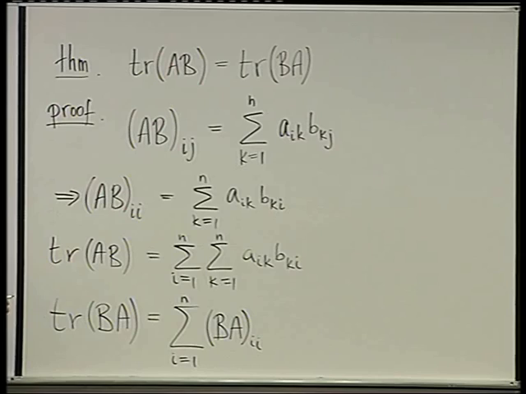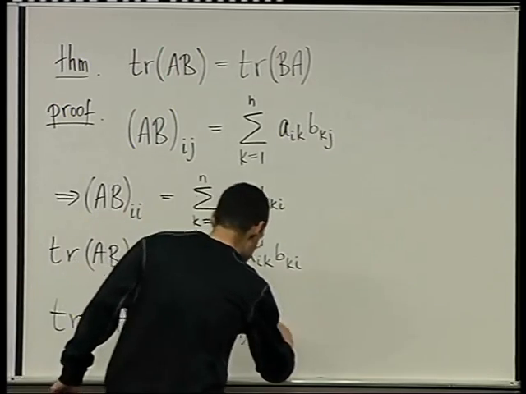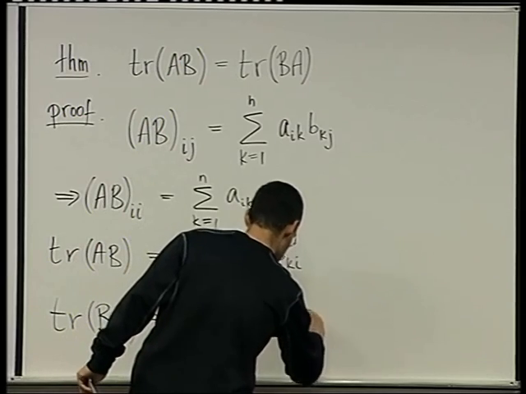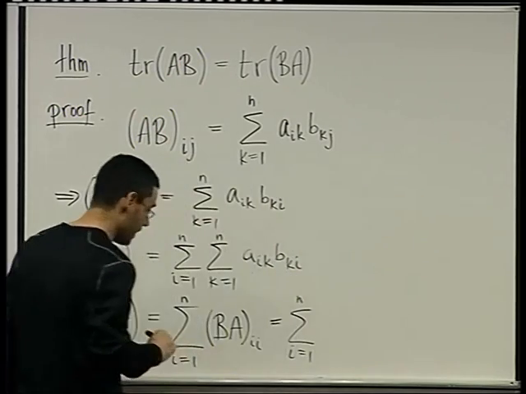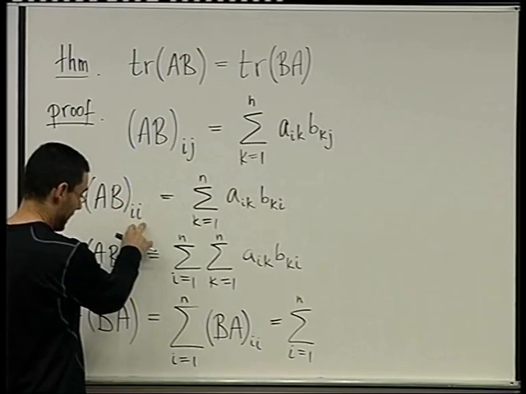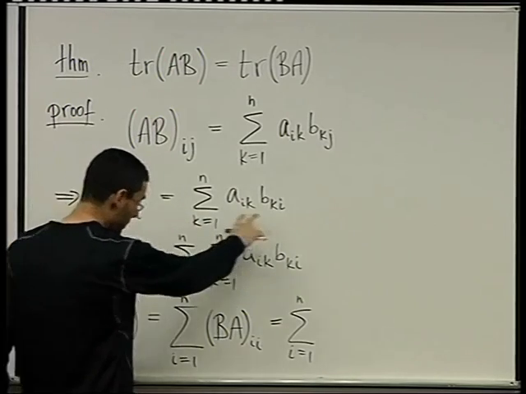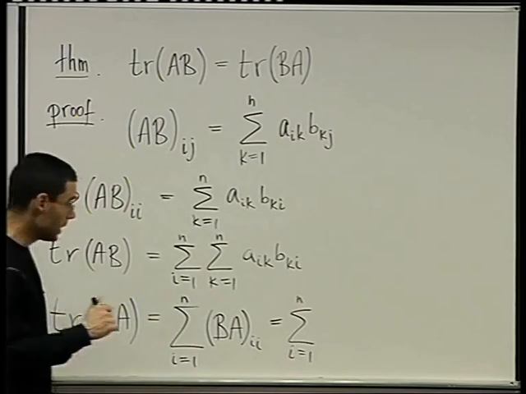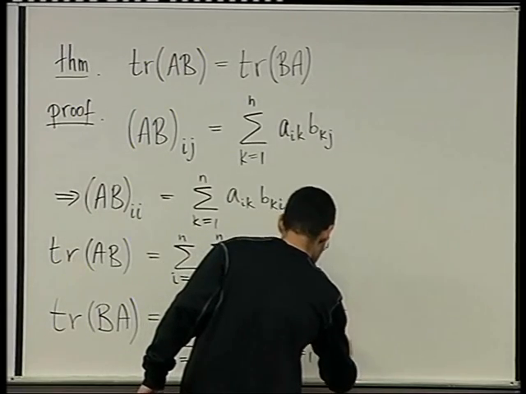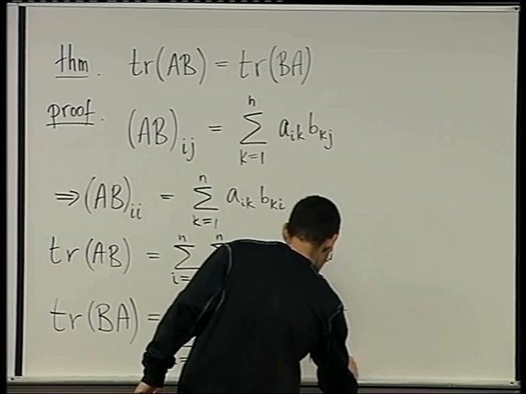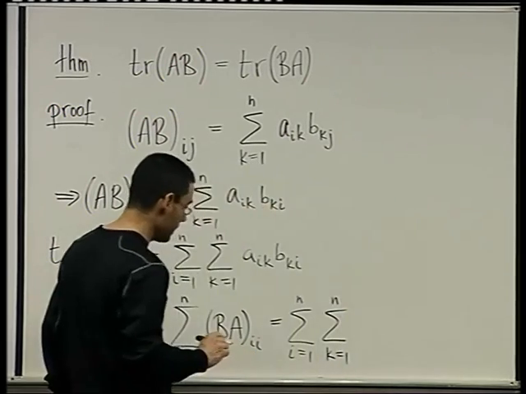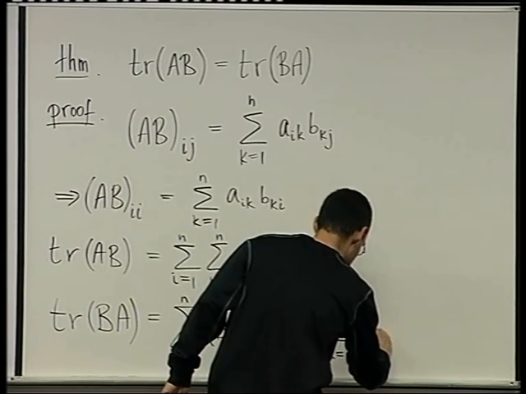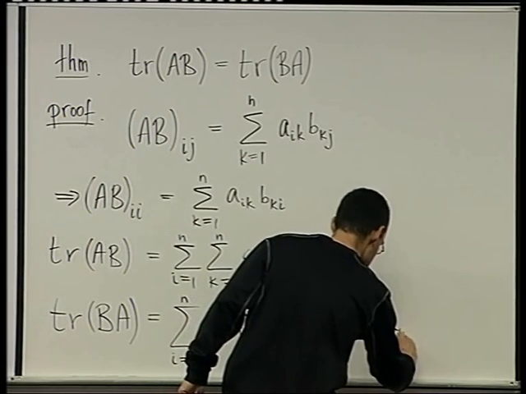Do you agree? And what is (BA)_ii? I'm carrying this sum over, i from 1 to n. And (BA)_ii would be the same thing, but interchanging the B's and the A's. So it would again be a sum, k goes from 1 to n, but now the first matrix is B, so it's b_ik a_ki.